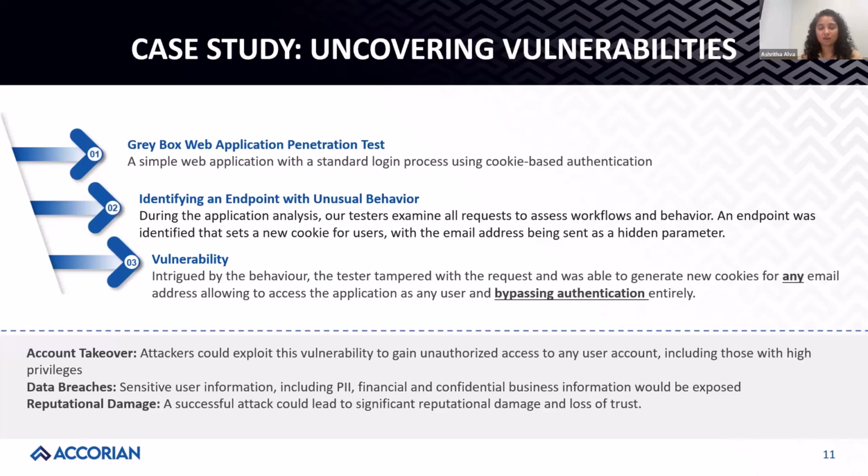We were performing a gray box application pen test, which means that we had a set of credentials to log into the application, provided to us by the client itself. We had access to post login pages, and we were testing those as well. It was a normal web application with a standard login page using cookie based authentication.